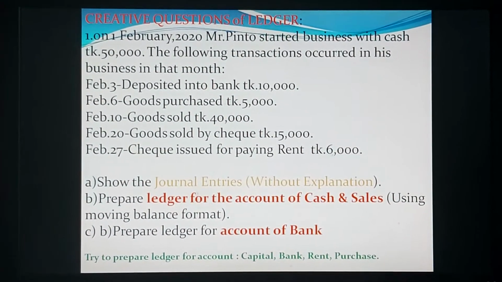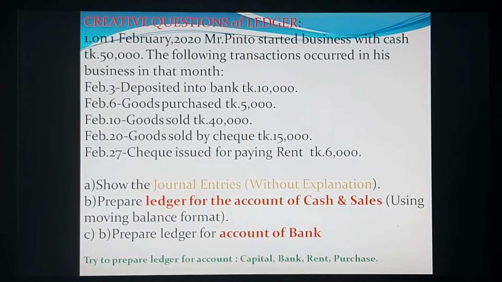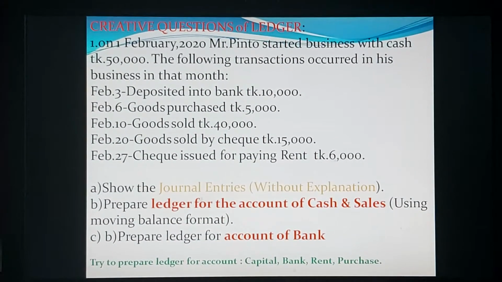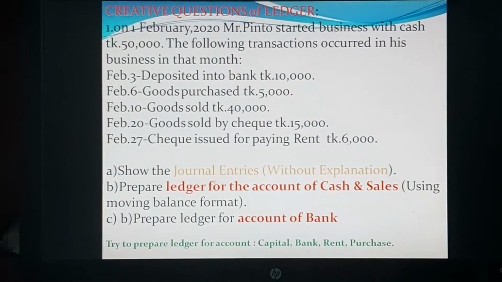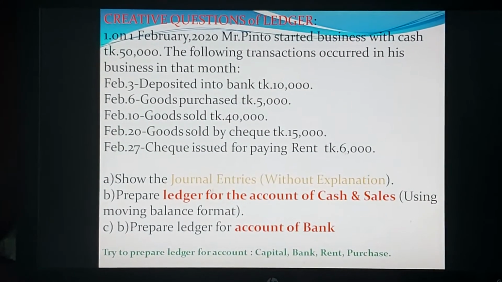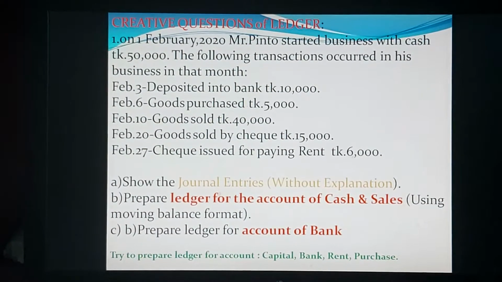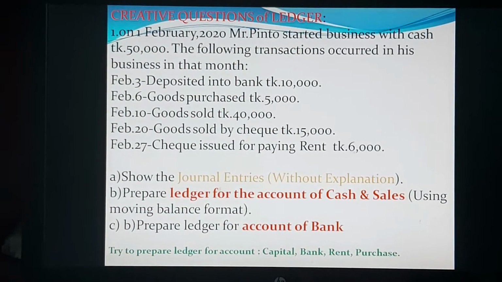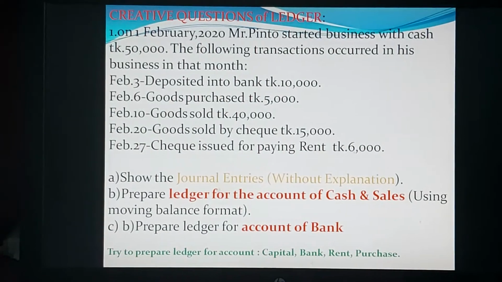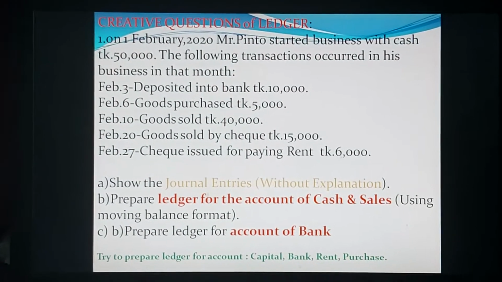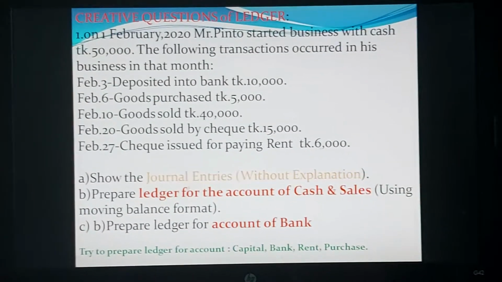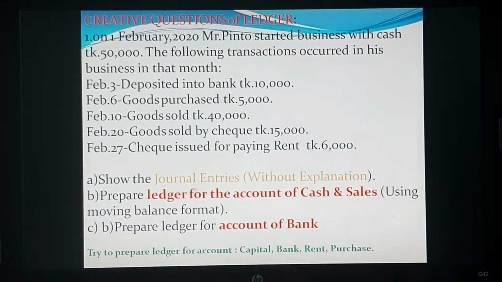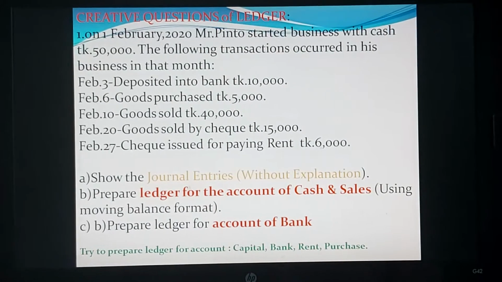February 10, goods sold taka 40,000. Without information whether in cash or by check or on credit, you can take it as goods sold in cash. So in this transaction, two accounts are involved, cash account, another one goods sold, that is sales account. Now you can write cash account debit for taka 40,000 and sales account credit for taka 40,000.